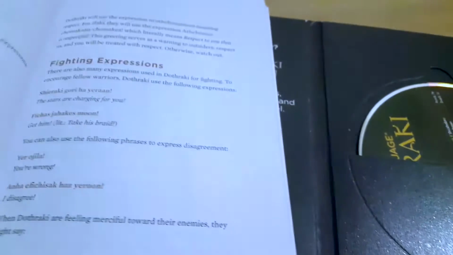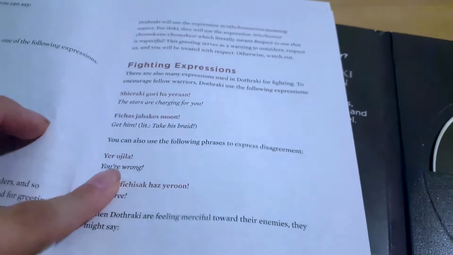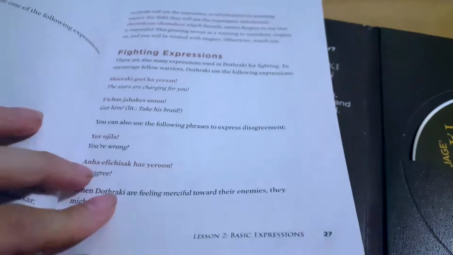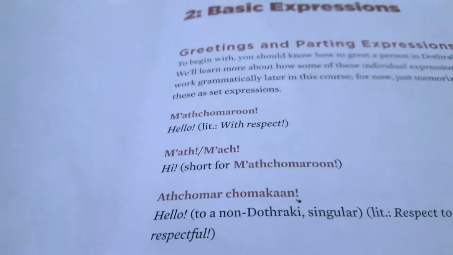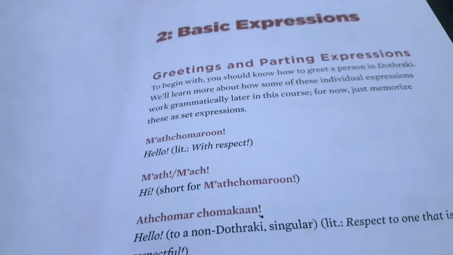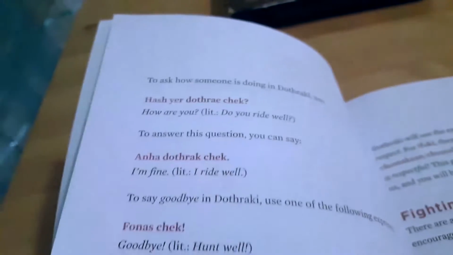And you have basic expressions, things like that. Yer ojila, that means you're wrong, right? So then you have things like hello, mafchumaraun, right? Let's see. Hashyer Dothraki. That means, how are you?